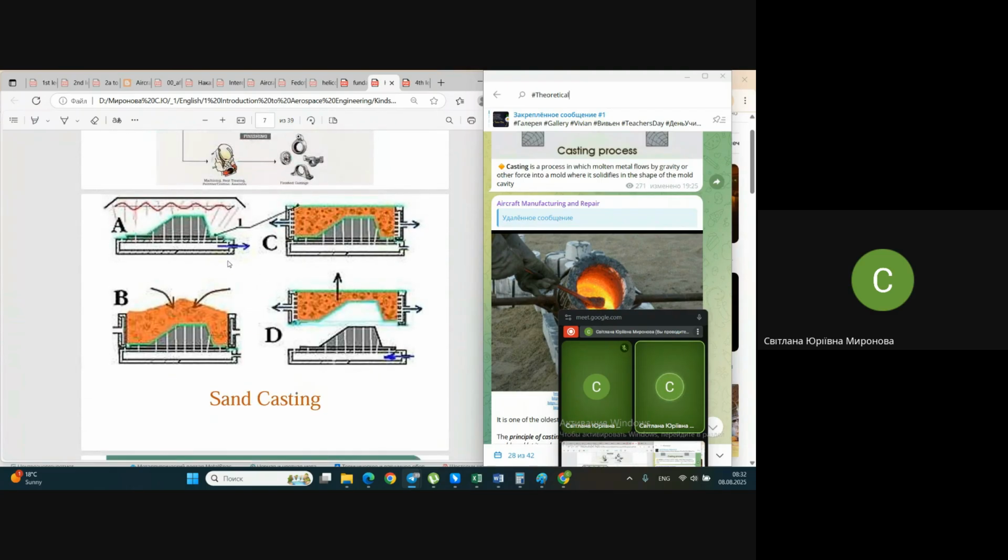First, we make the part of easy meltable material. In case it comes to manufacturing hundreds of parts, we will see how to repeat it hundreds of times. And in case of unique parts, such a shape is made once. Casting is widely used in art also, by the way, in making sculptures.